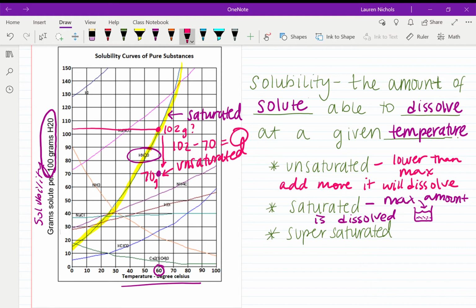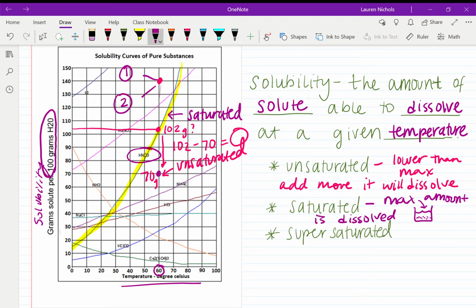Now, with a supersaturated solution, what if instead of 70 grams at 60 degrees, we have 140 grams? At this point, if you're trying to dissolve 140 grams, this is way above the saturation point. So one of two things is going to happen: you could have option 1, or you can have option 2.